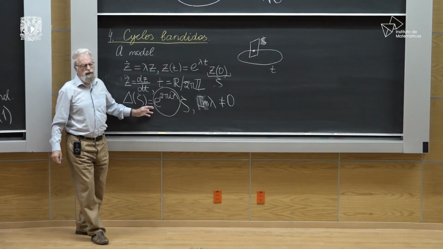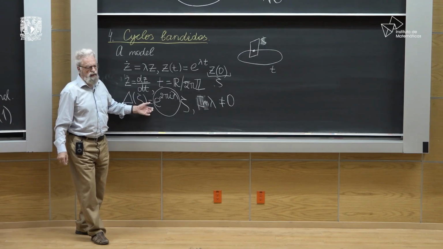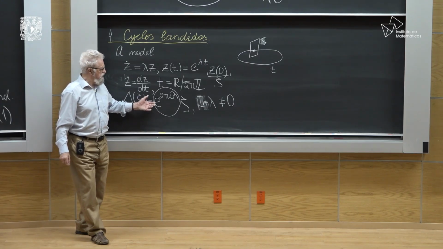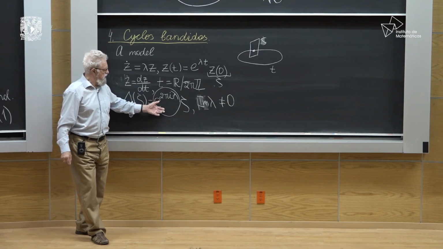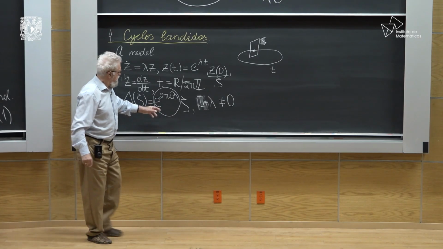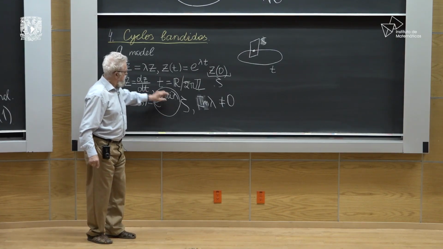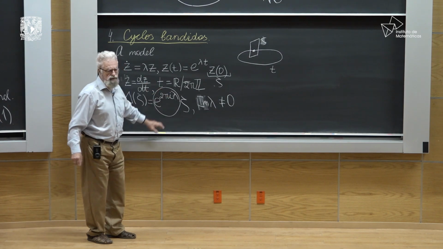If it is smaller than 1, then this is a linear contracting map. If it is greater than 1, then this is a linear expanding map. And the orbit of this map is either tending to 0 or tending to infinity.